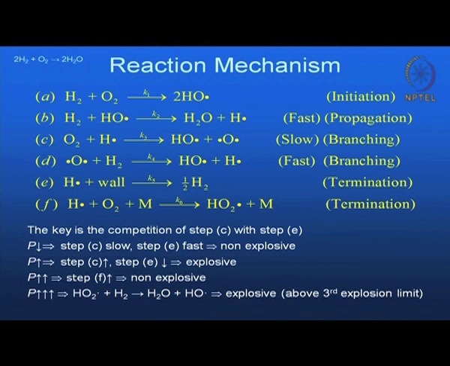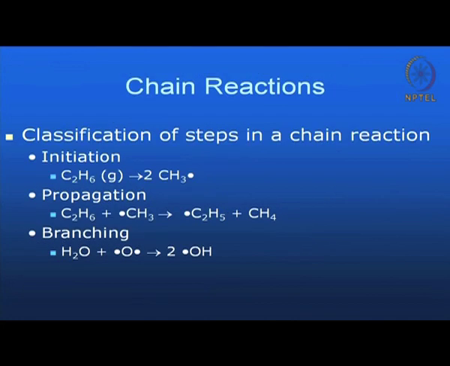Branching of chain leading to explosion can be easily understood by taking the water formation from H2 plus O2. As I mentioned in the earlier slides, initiation, propagation, branching are the typical steps in a chain reaction.